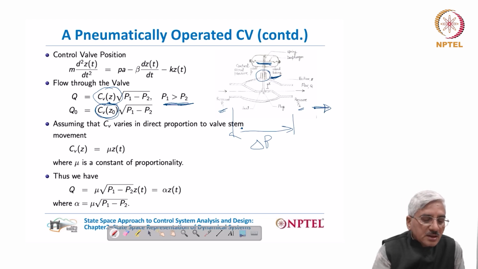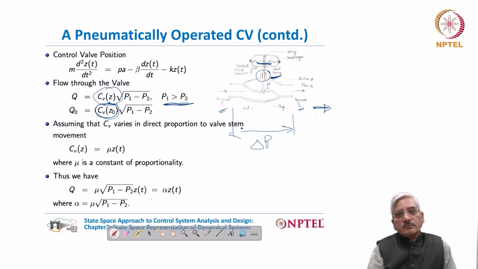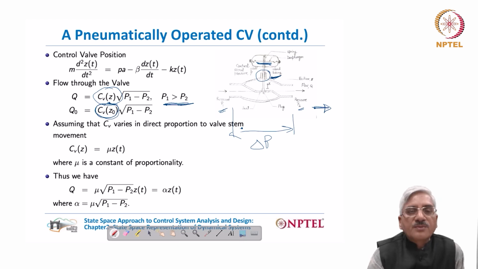Now this CVZ, its variation with position is dependent upon the valve design. So generally we have three types of valve. One is called as equal percentage valve, other is called as the linear valve, and other is called as the quick opening valve.